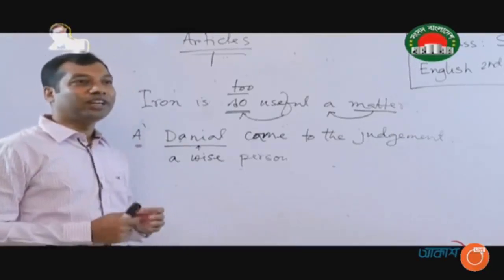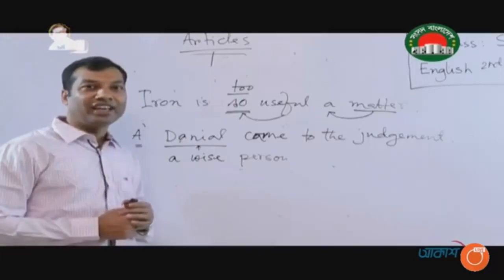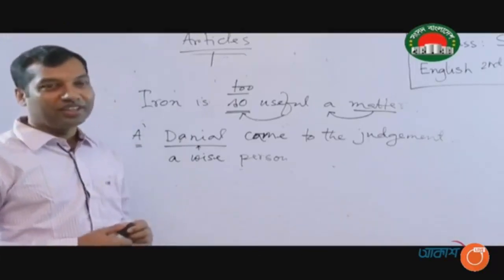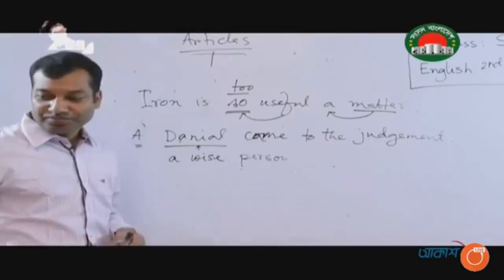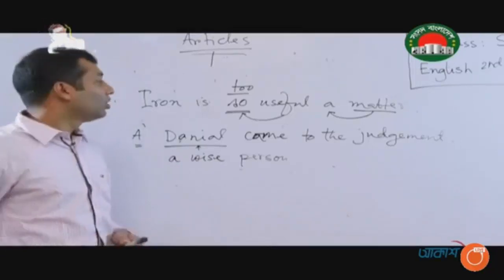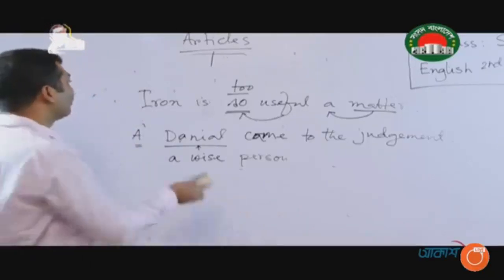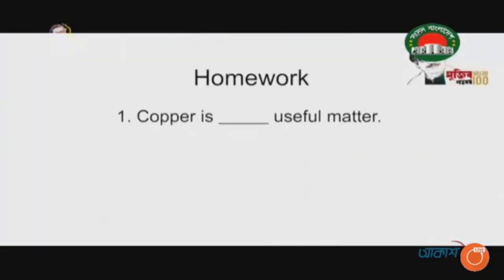We know where to use the article a and where to use the article an by our discussion. So let me give you some homework. Number 1, copper is dash useful matter. Number 2, he is dash heir to his parents.